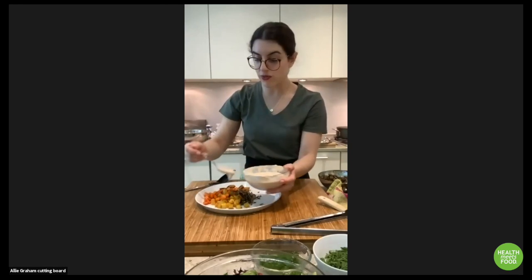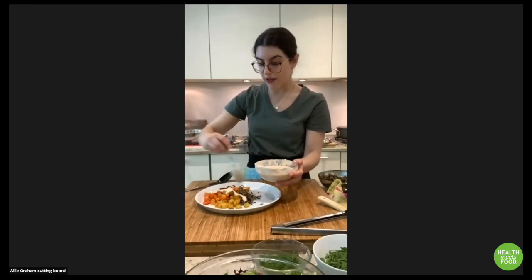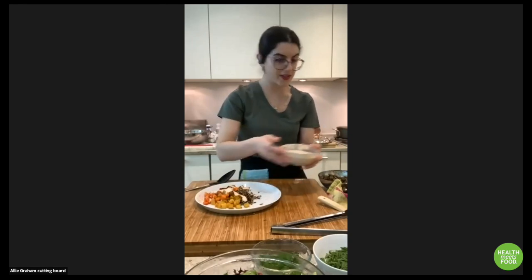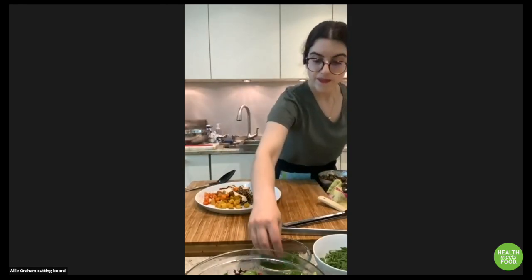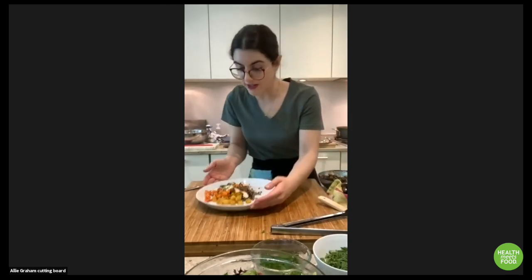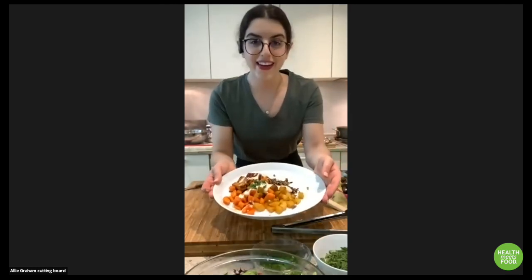So I'm going to put this right on top of the veggies and the tempeh, and I'll point that to the camera so you can see it. So this is what this looks like currently. It's a rainbow.